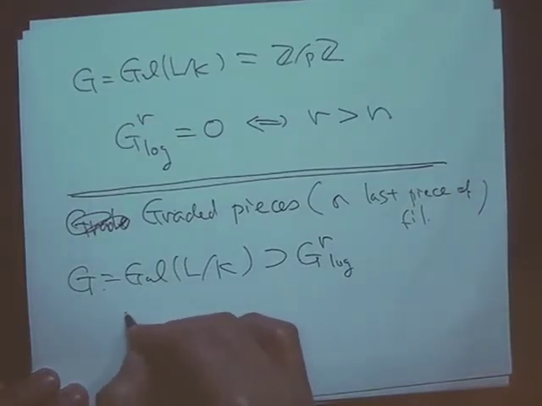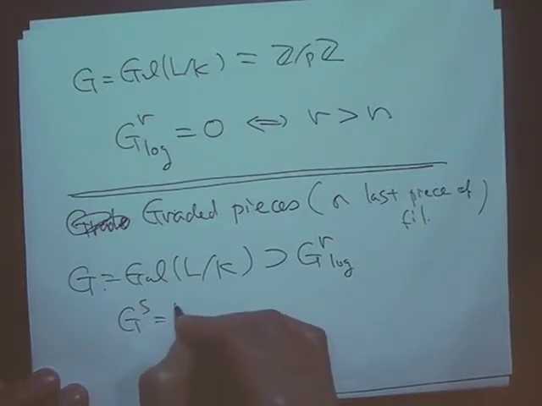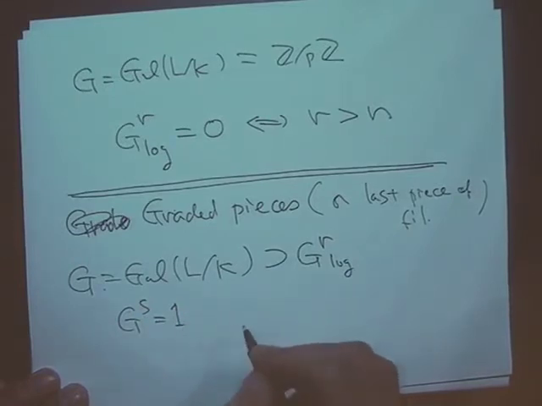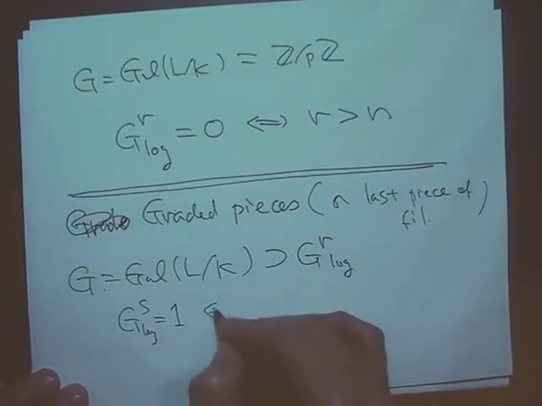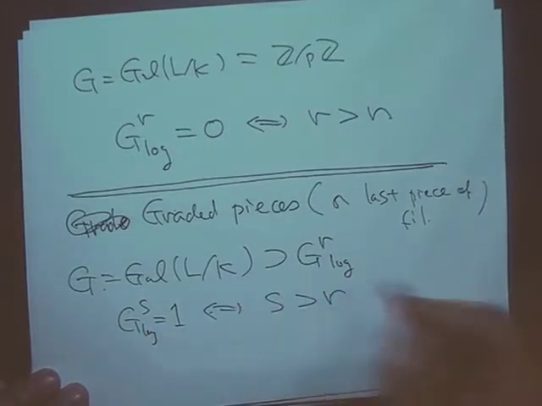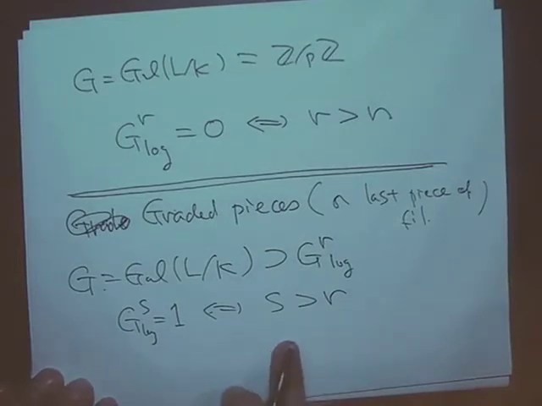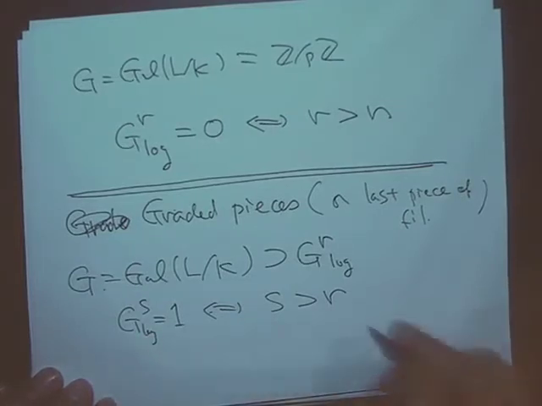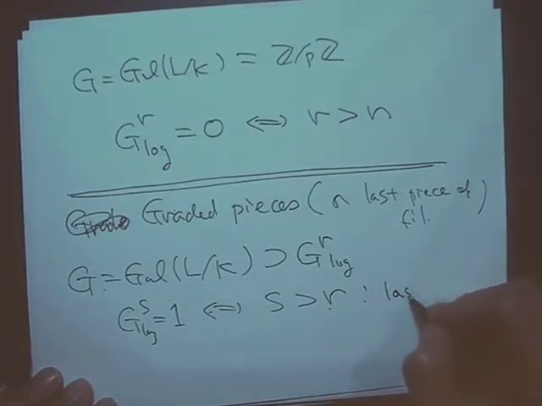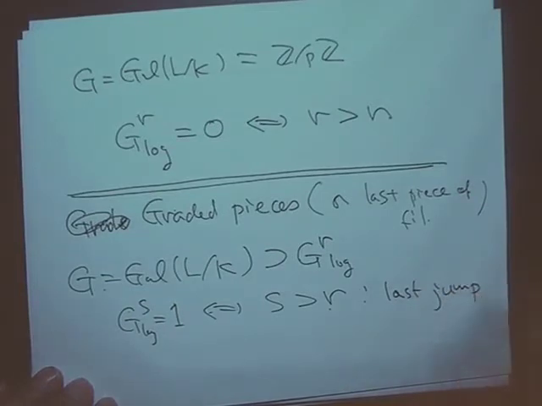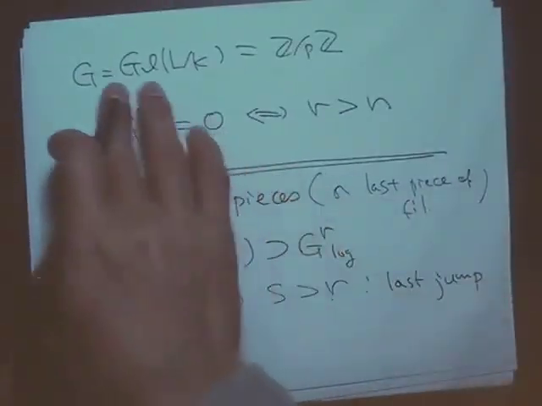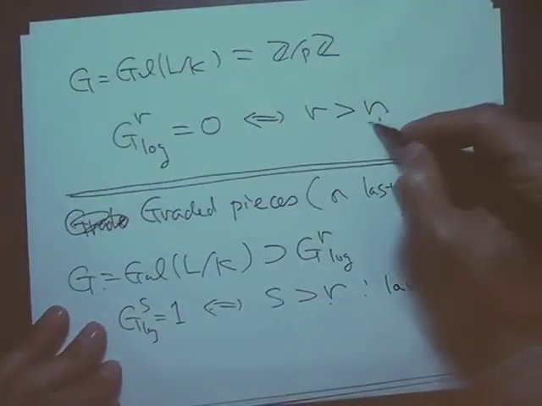Last jump means that this filtration is trivial if and only if s is strictly larger than r. Then the filtration will be trivial. So r will be called the last jump. In this example, this will be the last jump.